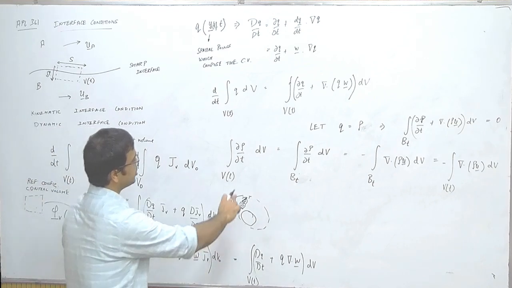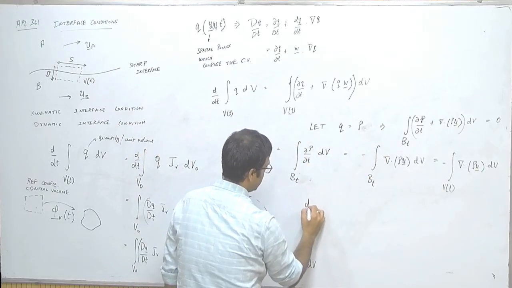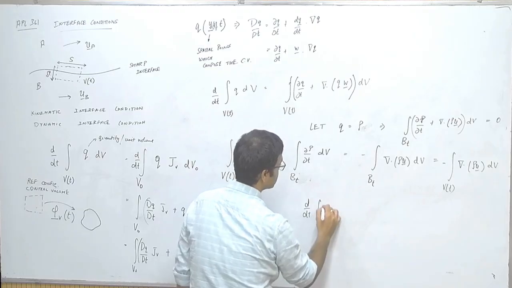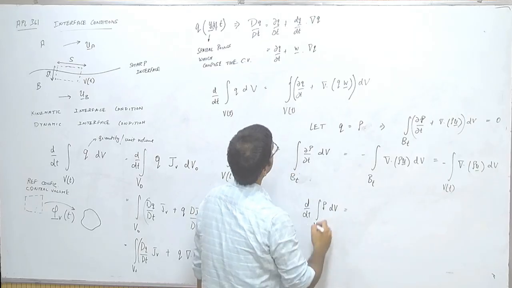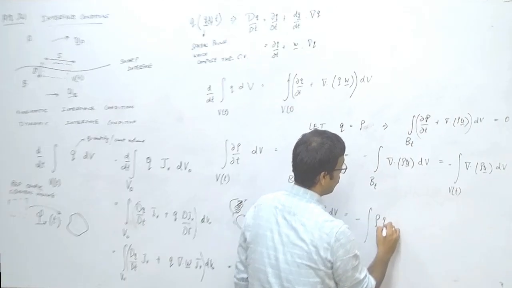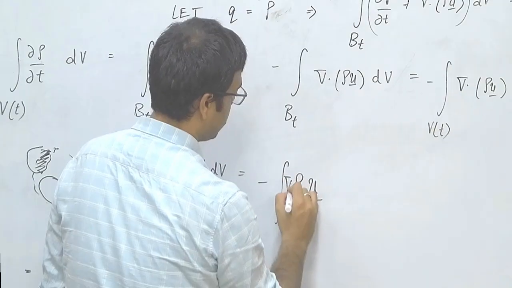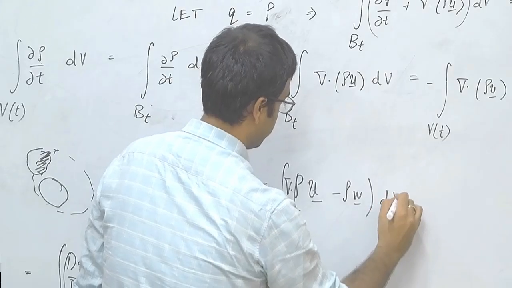And now we can substitute this into this equation, and we get that d by dt of the mass inside an arbitrarily varying control volume is actually going to be equal to minus the integral of del dot (rho u minus rho w) dv.